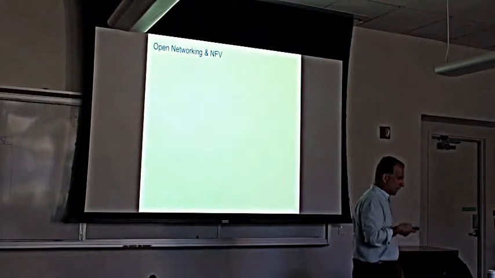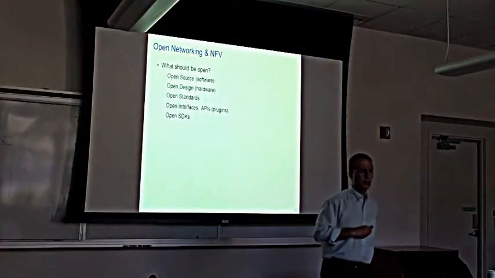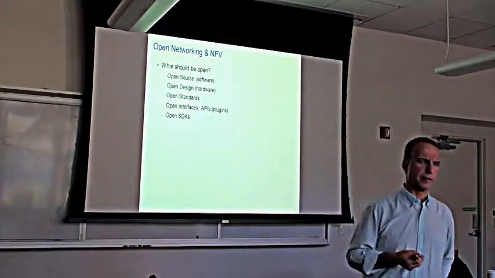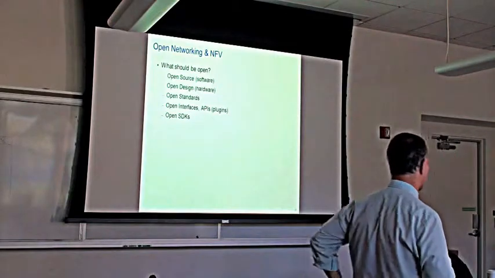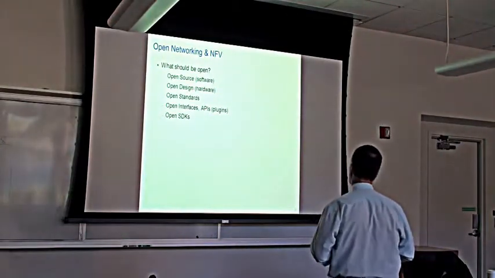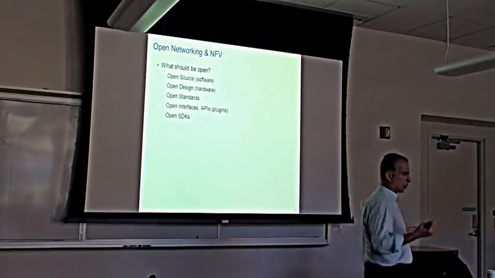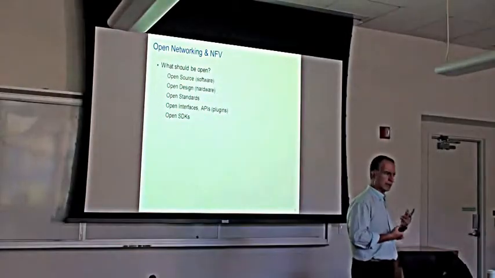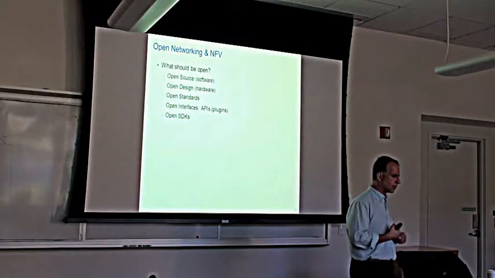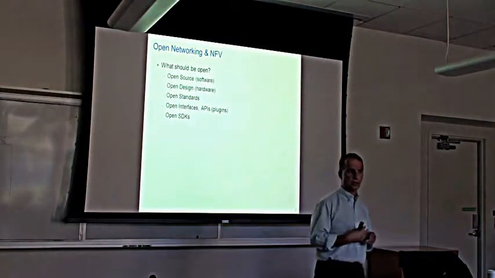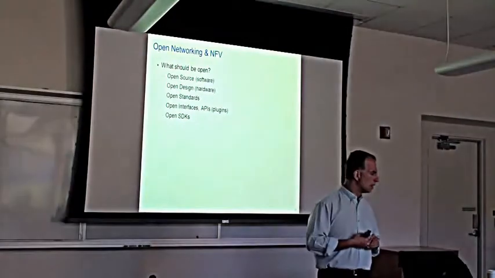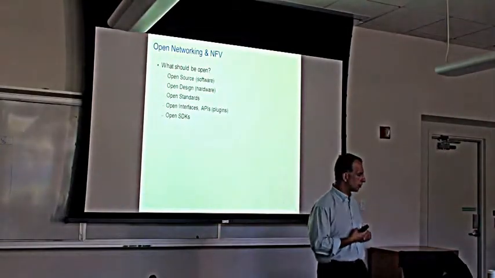Open networking and NFV, as we're looking at different things and different open efforts. As you know, open is being used and abused today in many contexts. So when we talk about open networking, we need to answer, what should be open? Should it be just open source, which is the software? What about the design, the hardware? As you know, there are efforts going on within the OCP project, the Open Compute Project.